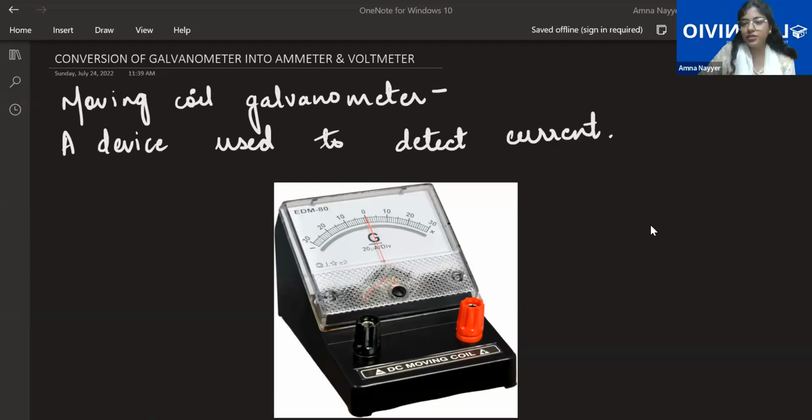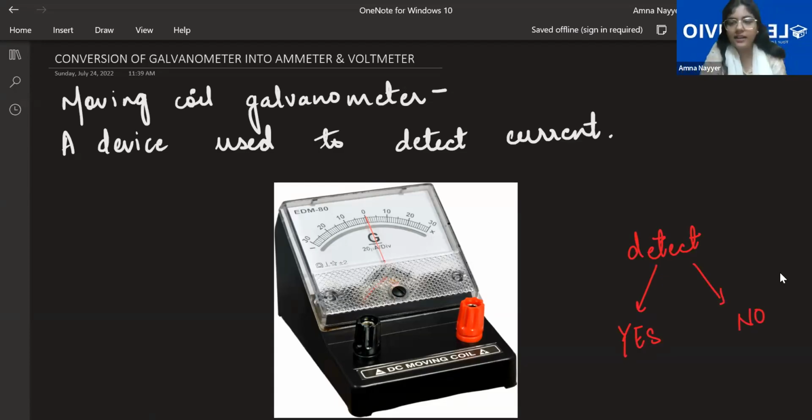Basically, this is a device which is used to detect current. It won't tell you the value of current. It will just tell you yes or no, whether the current is existing in your circuit or not.